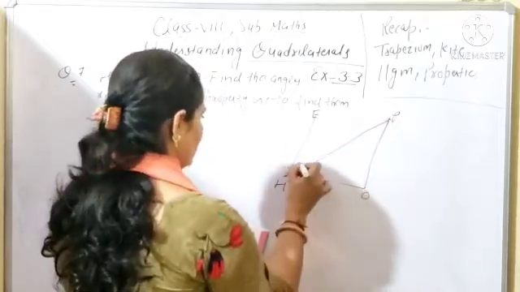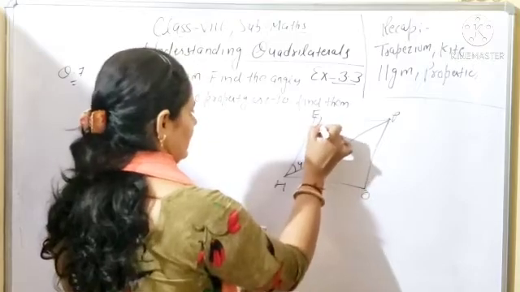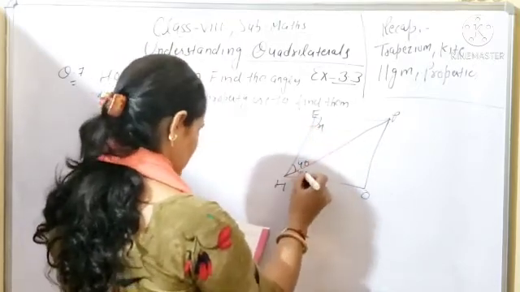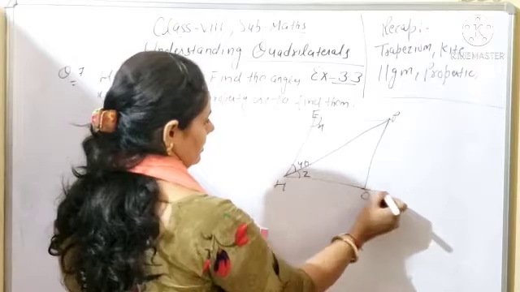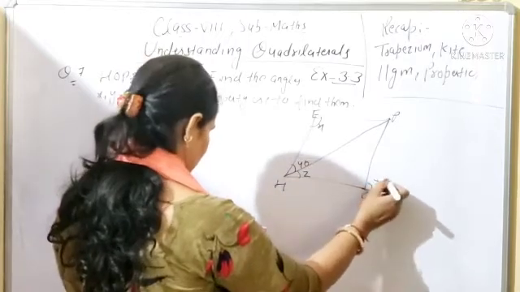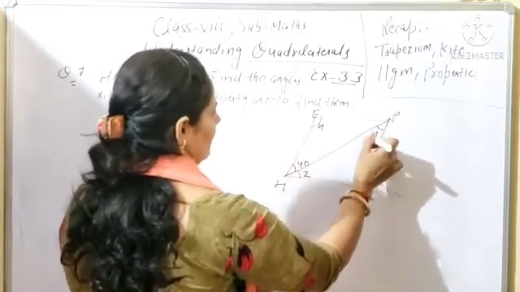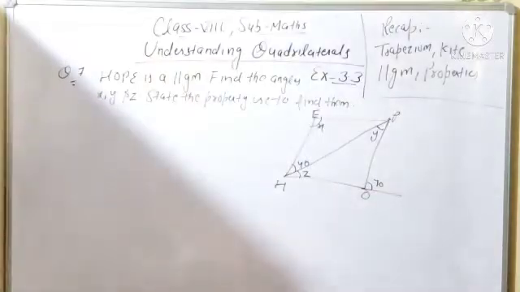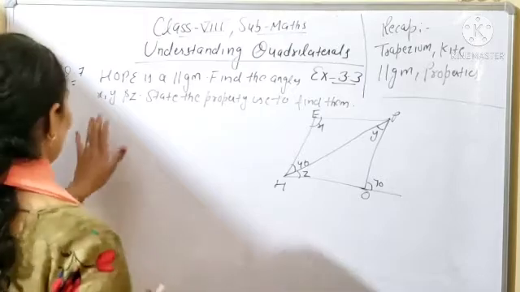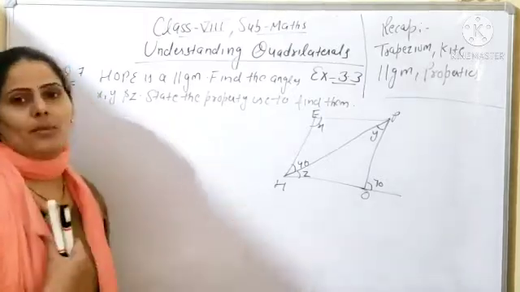This one angle is 40 degrees, this one is X, this one is Z, this one is the outside angle 70 degrees, and this one is Y. So you have to find the unknown angles. So beta, what is given in question number 7? Simply, HOPE is a parallelogram. So you have to find the unknown angles X, Y and Z using the property.